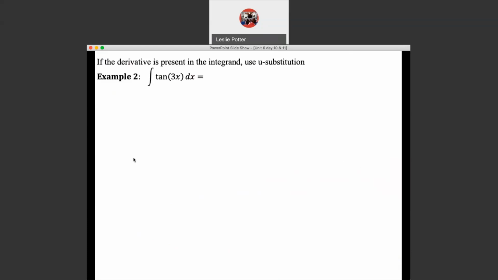So this one is a tricky one. Again, we don't see a function and its derivative. I see a function tangent, and certainly the inside is 3x of the composite, but I don't really see a derivative of a tangent. So what we want to do then is think about how can I rewrite this to get that pattern?